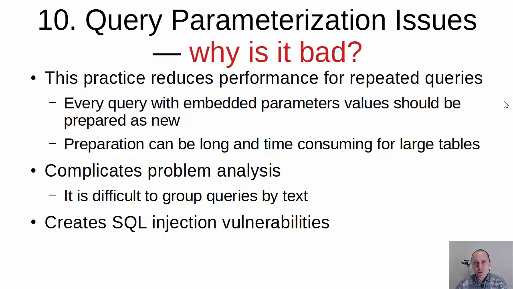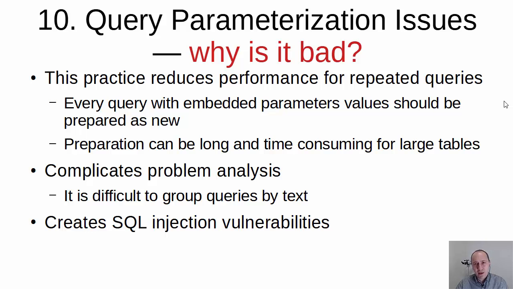There are several techniques to work around it, but in general it complicates things. And last but not least, embedding the text is an open door for SQL injections and security vulnerabilities.